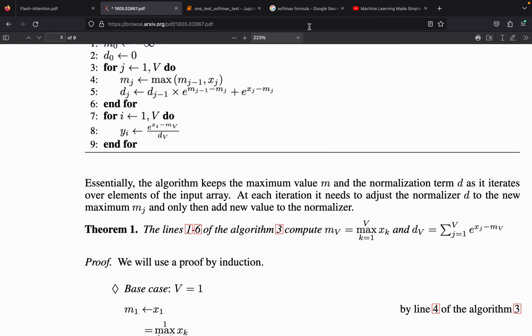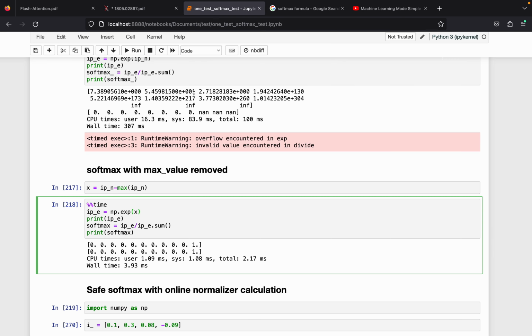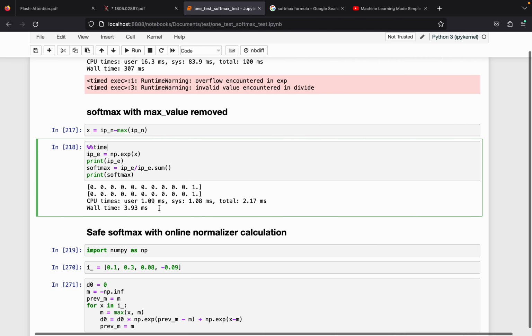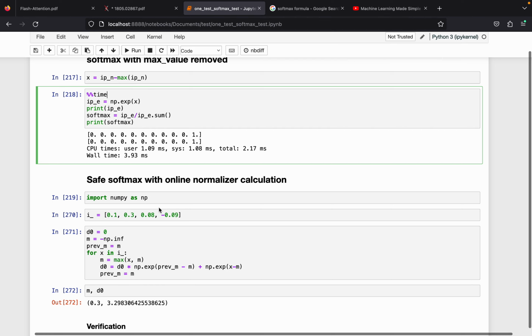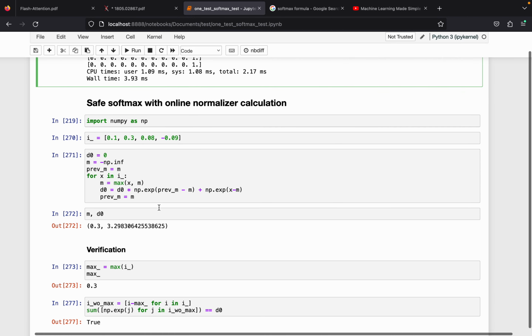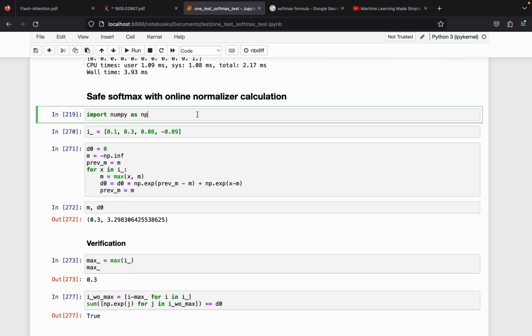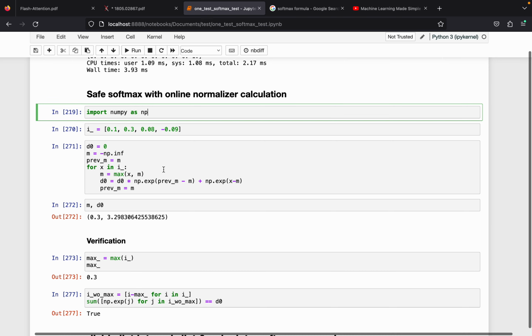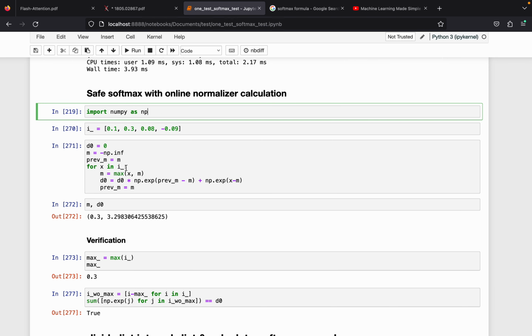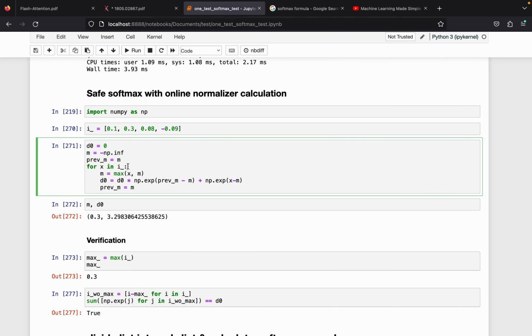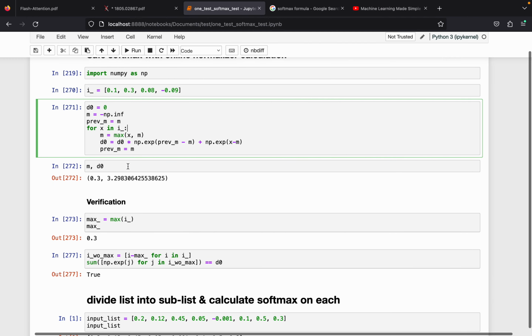So let's have a look at the Pythonic implementation here. This is softmax with online normalized calculator, and whatever I've explained here I've just noted down using simple Python functions.